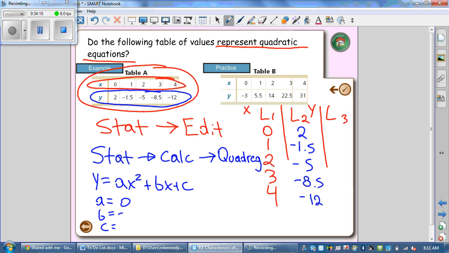If your a value is 0, you need to ask yourself, do you have an x squared term? The answer is no. You can't have an a value of 0 and have a quadratic equation. It's not possible. So this first one is not a quad.